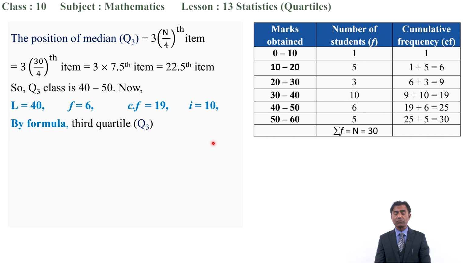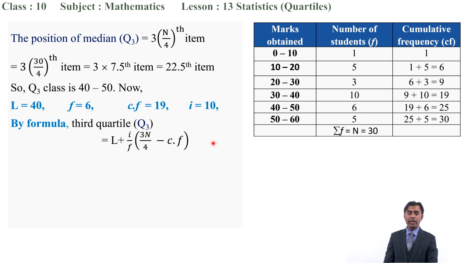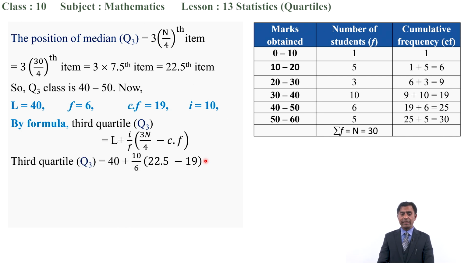And then let's substitute in the formula. Q3 is equal to L plus I by F bracket 3n upon 4 minus CF. Now let's replace all these components and then simplify. Third quartile Q3 is equal to L is 40 and I is 10, F is 6 times 22.5, 3n by 4 is 22.5, it is here, and CF is 19.